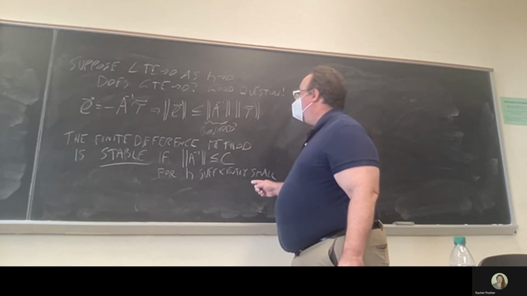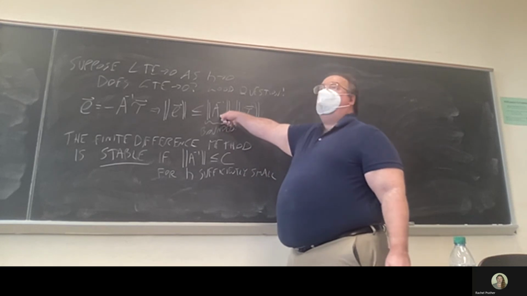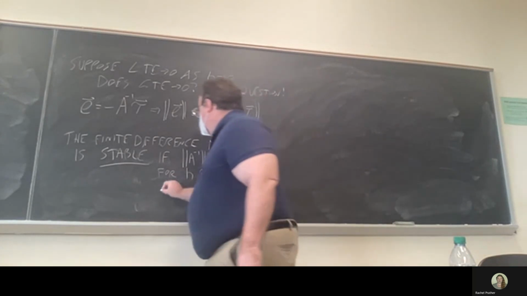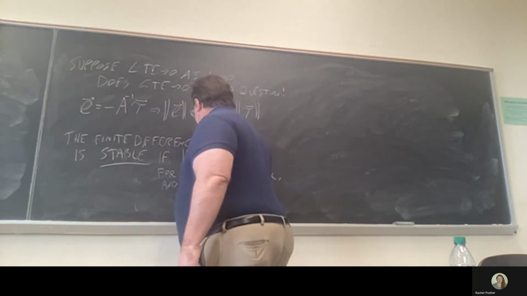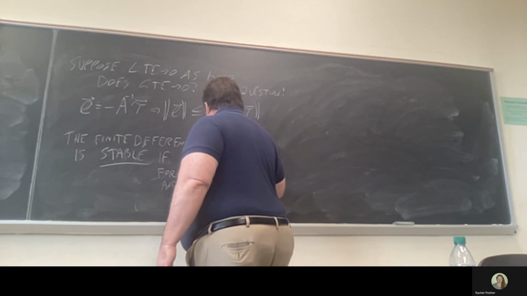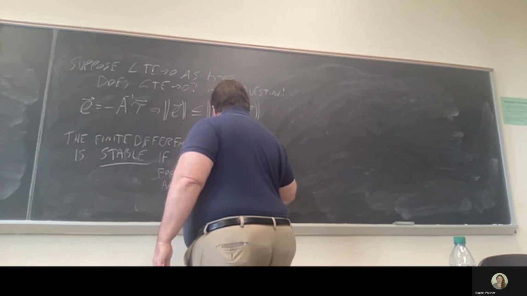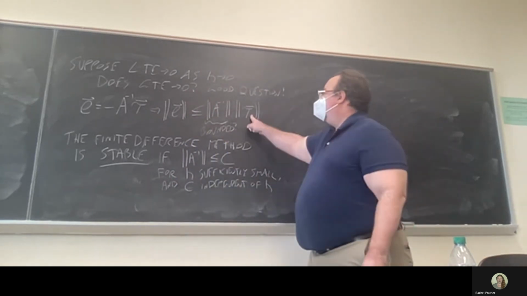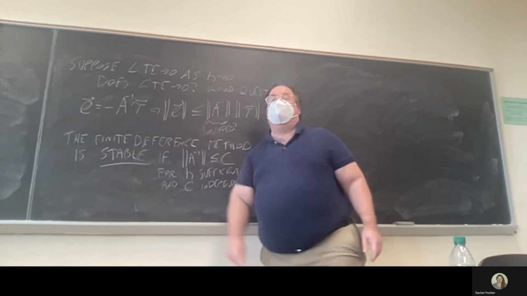So if as h goes to 0, this is bounded by some constant, and C has to be independent of h, then we have the assurance that we need, that as this goes to 0, this must also go to 0.